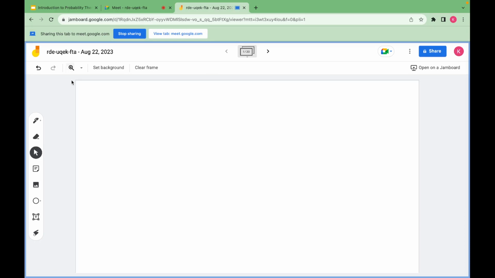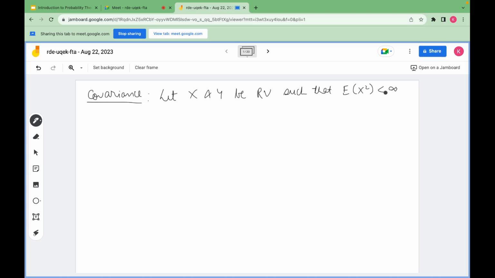So first is the covariance. Let X and Y be random variables such that the second moment of random variable X is finite and the second moment of random variable Y is also finite.